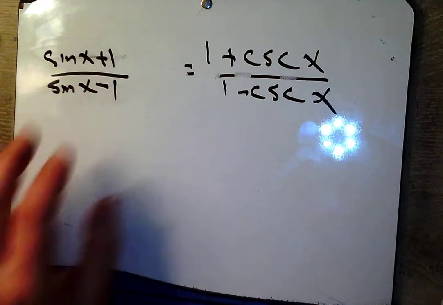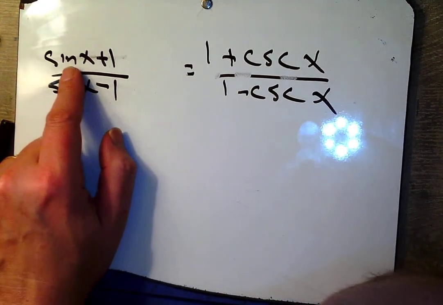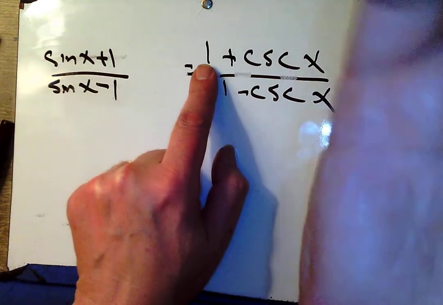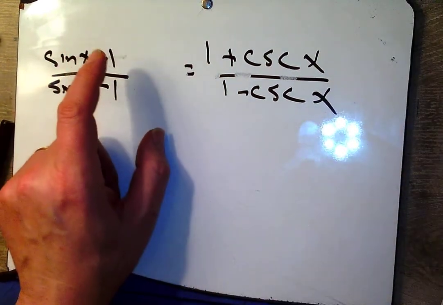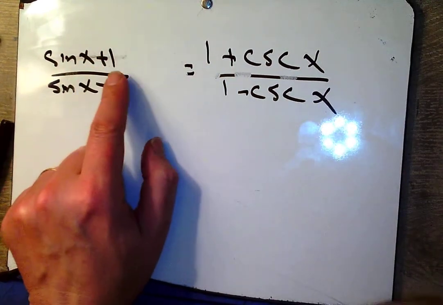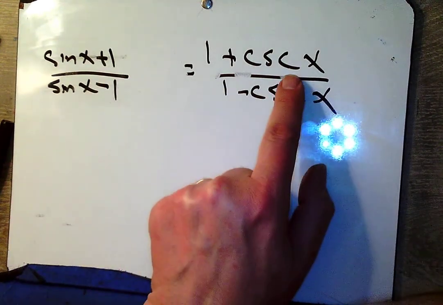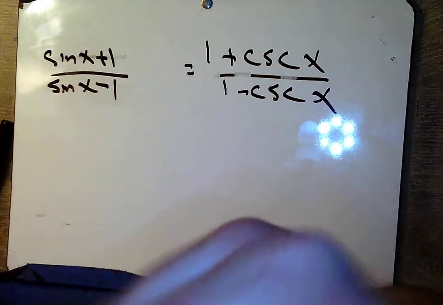So remember, what's involved here is me saying, what do I have to multiply this by to turn into 1? And a lot of people are challenged by that. Yes, it'll work, and I'll tell you in a moment what that's supposed to be. Easier for people is to say, what do I have to multiply this by to turn into cosecant? Well, I have to multiply 1 by cosecant.